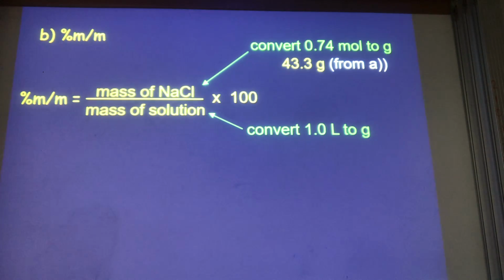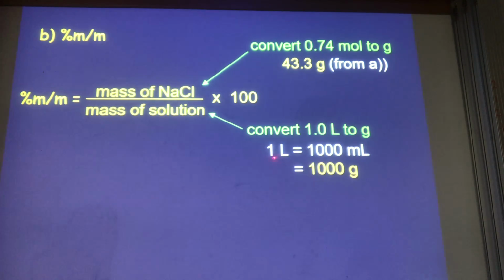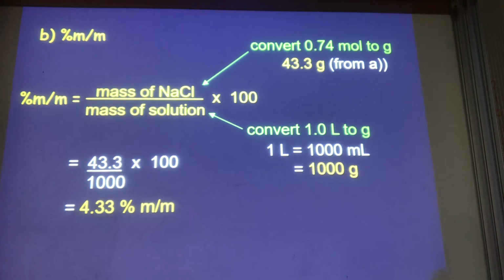What we have to do now is convert our 1 litre into grams. Now 1 litre of course equals 1,000 mils, and there's that equivalence, 1 mil equals 1 gram, close enough. That's a really useful one to remember, 1 mil equals 1 gram. Once you've done that, 43.3 divided by 1,000, then times by 100. Gives us our percent by mass.